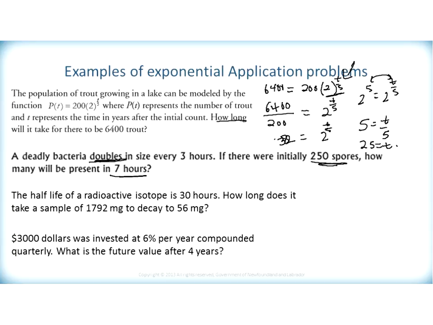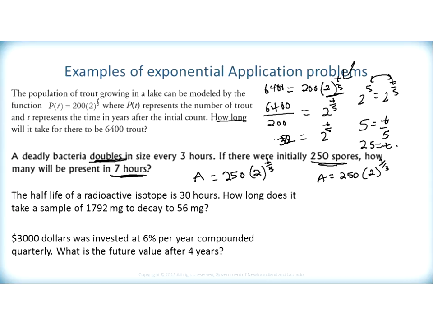So we have 250 as our initial amount, and the bacteria doubles, so 2 is our base, and it's time over 3 because it doubles every 3 hours. If we're looking for our final amount, we are going to substitute 7 in for t. That would give us A equals 250 times 2 to the power of 7 over 3. That would give us our final.